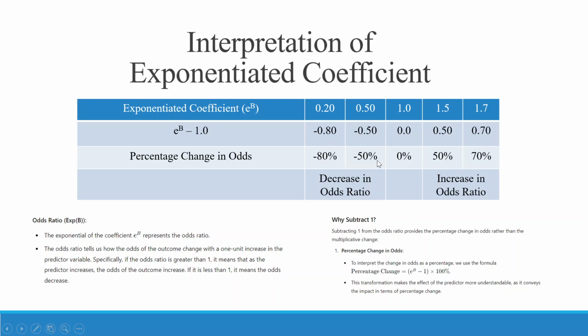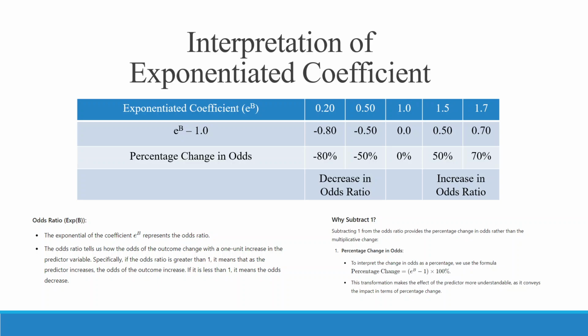Now, what does this mean? The negative values mean a decrease in odds ratio. The positive values mean an increase in odds ratio. In logistic regression, our interpretation will be based on whatever we have coded as 1 in the dependent variable. Please remember this. The dependent variable can have 2 labels: yes, no, success, failure, purchasers, non-purchasers.